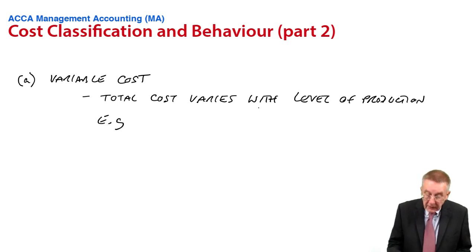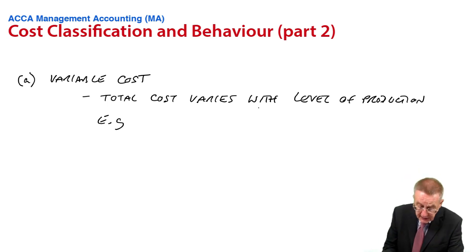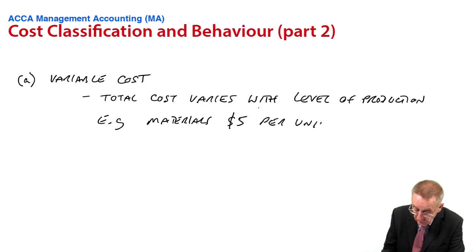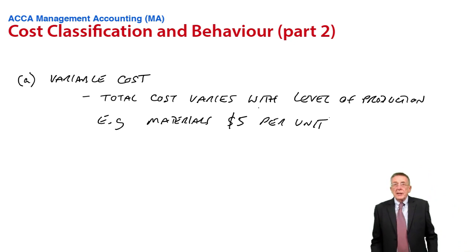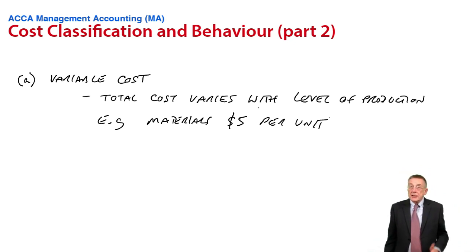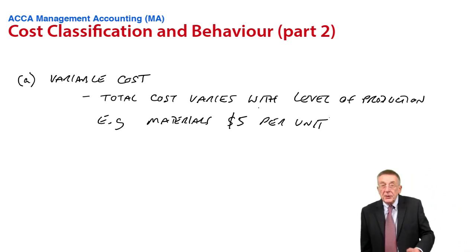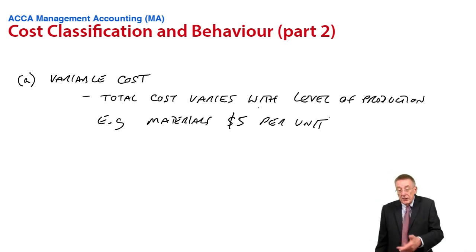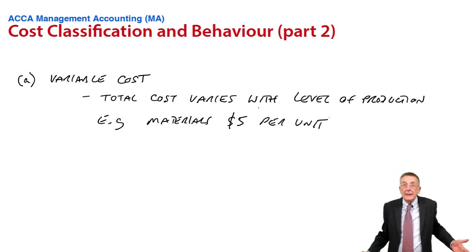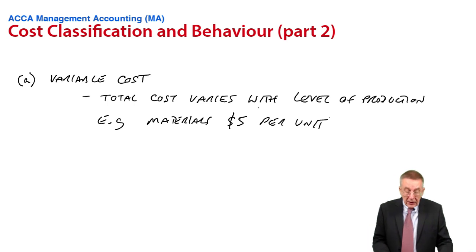For example, materials is a good example. Materials, let's say, are $5 per unit. Well, surely, if I make 1 unit, it's costing in total $5. If I make 2 units, it's costing $10. 3 units, $15, and so on. Well, that's what we mean by a variable cost.